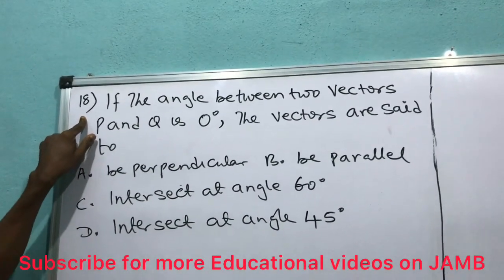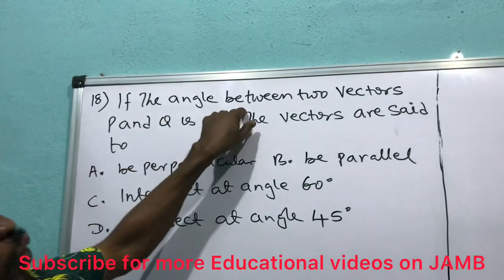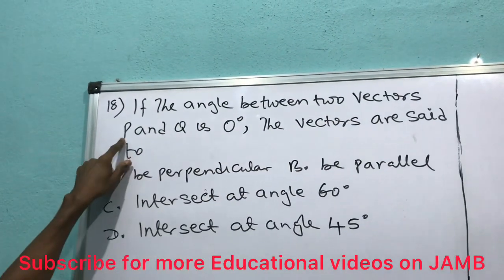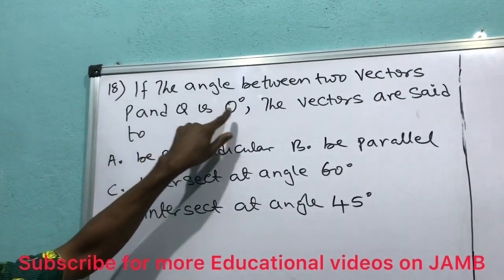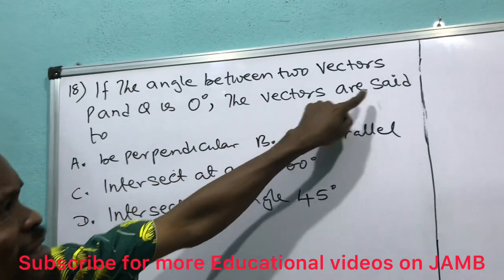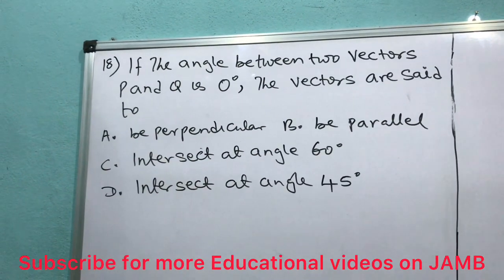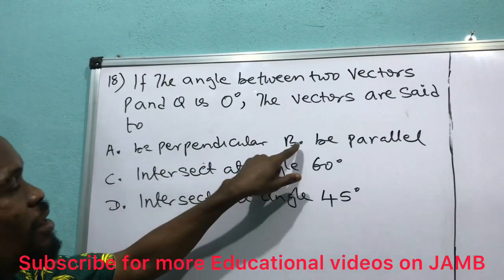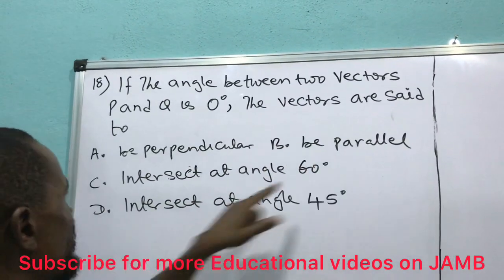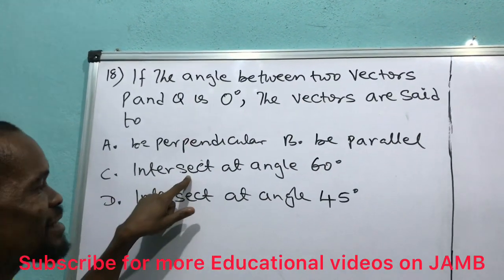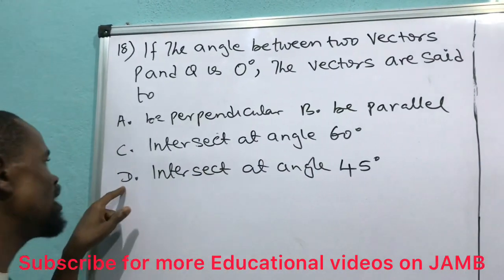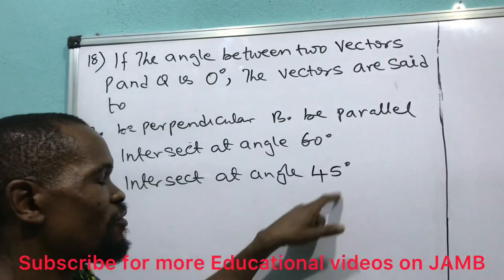Question number 18 says if the angle between two vectors P and Q is 0, the vectors are said to be: A, perpendicular; B, parallel; C, intersect at an angle of 60; D, intersect at an angle of 45.